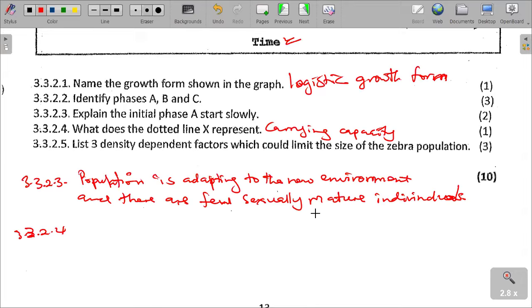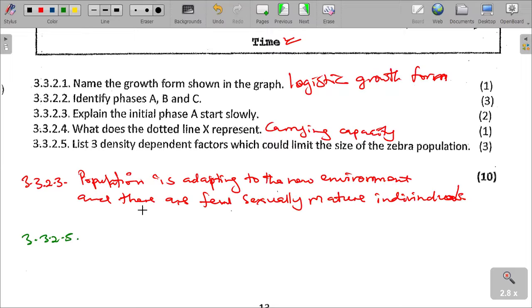And then, list 3 density-dependent factors which could limit the size of the zebra population.